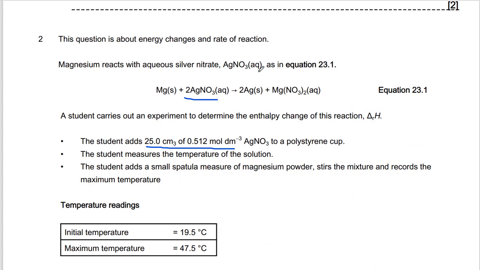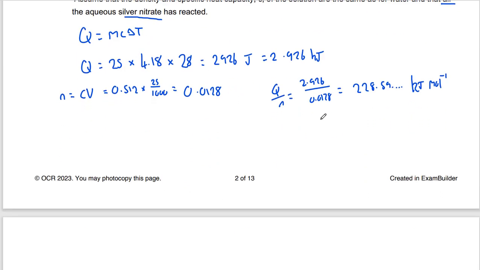I've got 2 moles of silver nitrate. Therefore, my answer has to be multiplied by 2. It's a really important thing that people miss out. If you've got more than 1 mole in your equation, the number you work out originally is for 1 mole. If there's 2 in the question, you've got to multiply by 2.